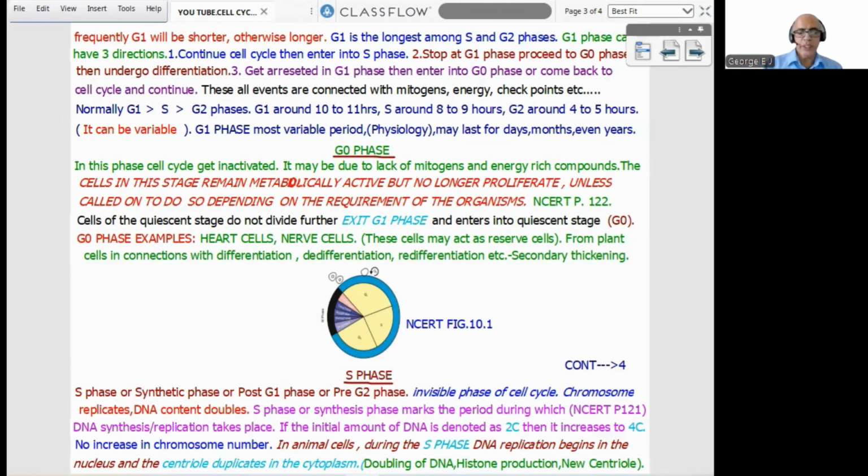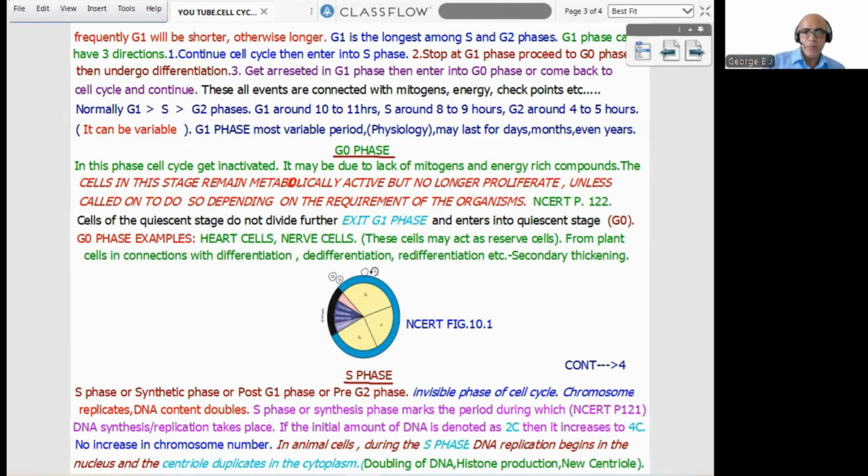Now comes the S phase. S phase or synthetic phase, or post-G1, pre-G2. It is an invisible phase of the cell cycle; scientists have no idea what is originally happening. Chromosomes replicate, DNA content doubles. S phase, or synthesis phase, marks the period during which DNA synthesis, replication, takes place.